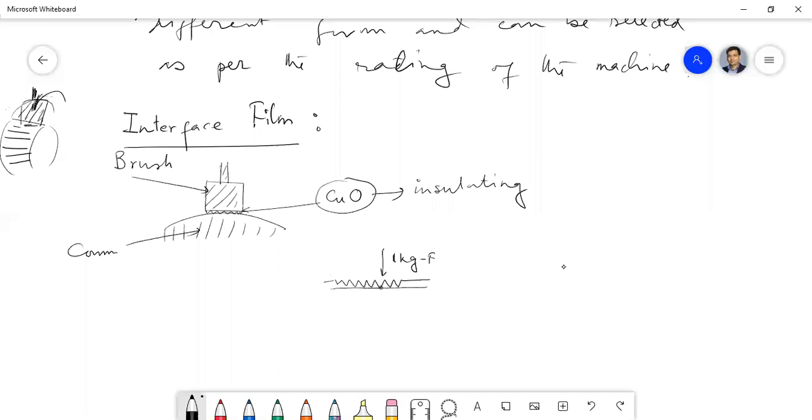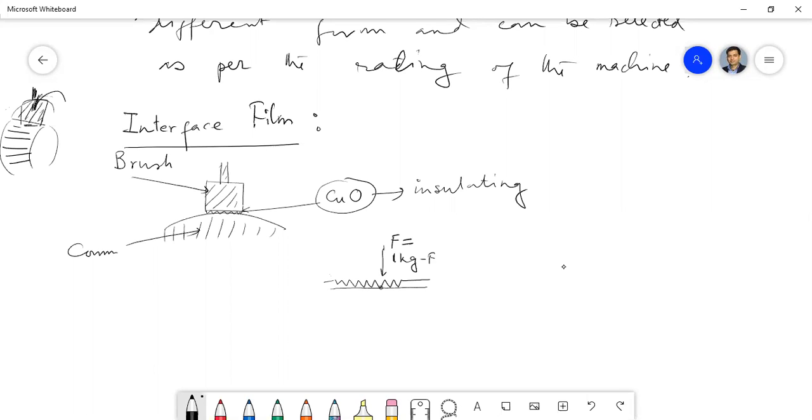Now what happens? Actually this is the force basically. So 1 kg force is a force, you can say. This is the force which we apply by the spring.